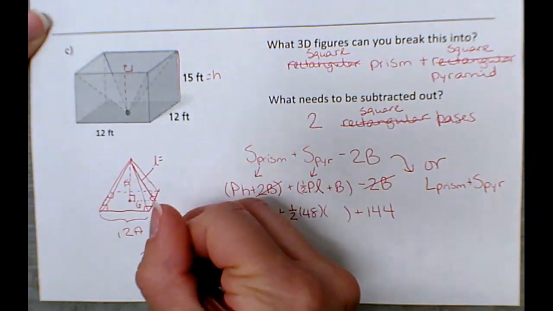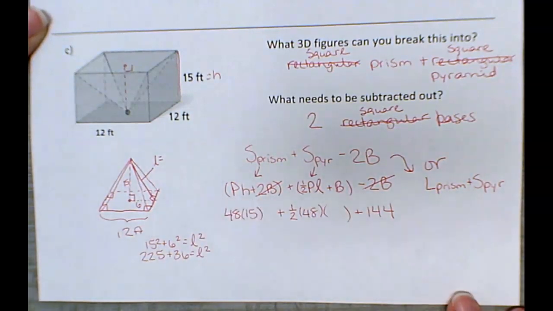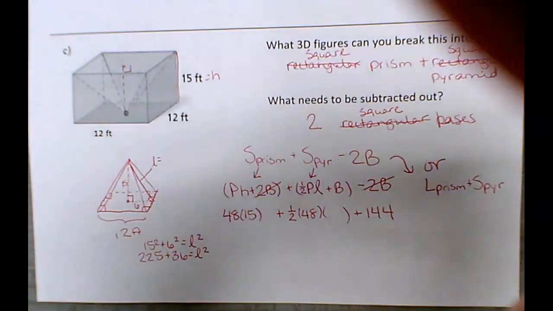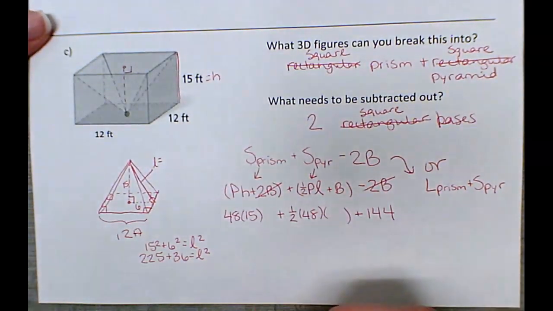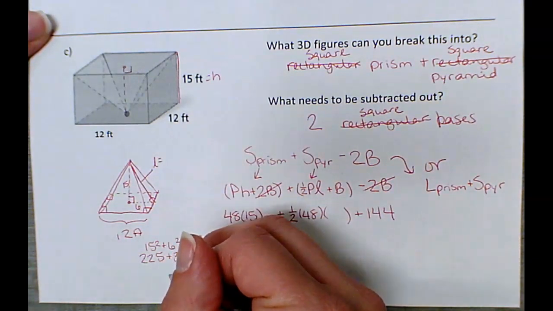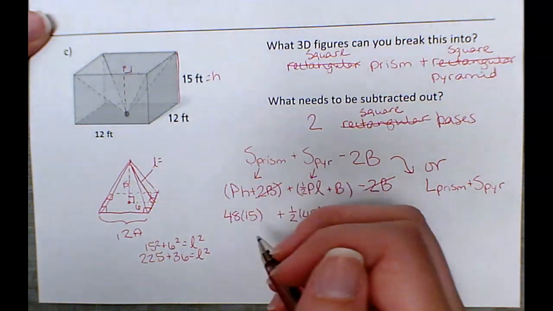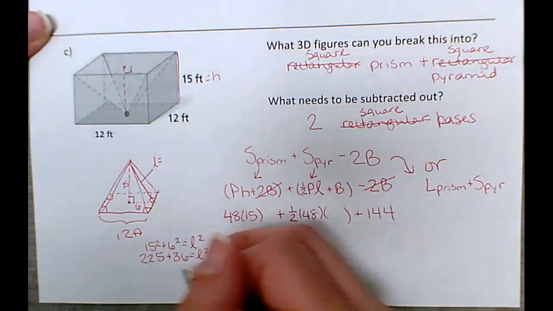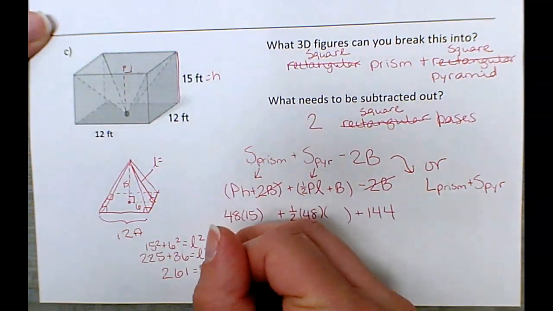That's 225 plus 36 equals the slant height squared. If I add those two together, I get 261.